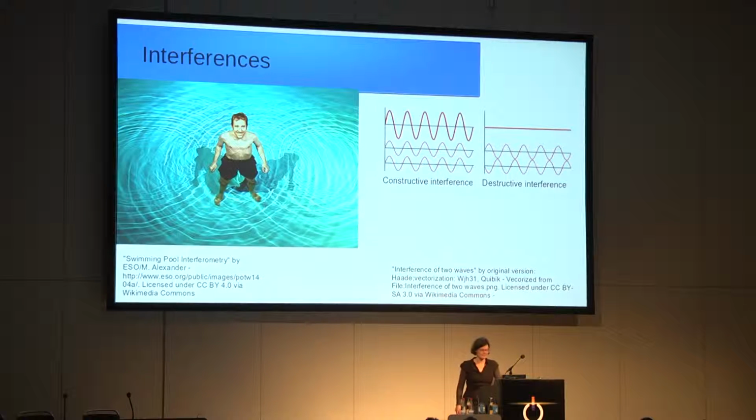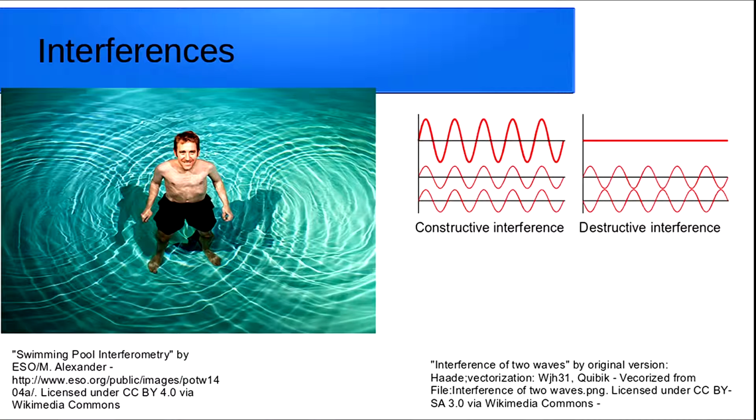So, for example, here you can see swimming pool interference done by, I think this is a French astronaut who is putting 2 arms in the water, and then the waves coming from 2 sides are interfering with each other. So we got some peaks of the water, and sometimes it goes down.